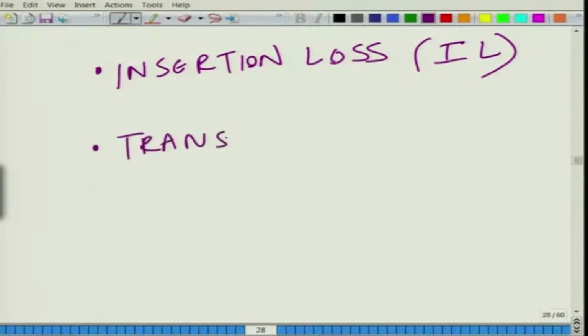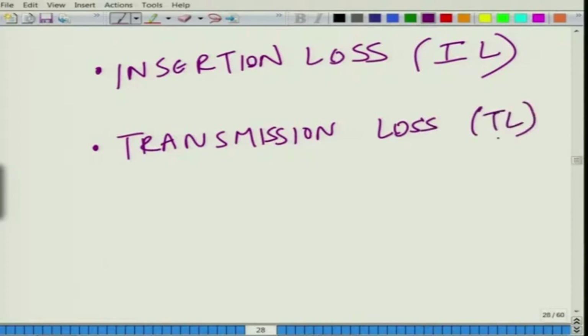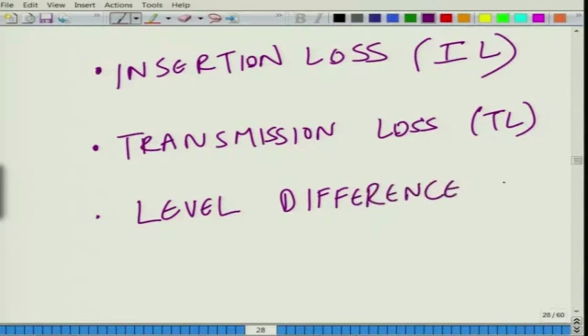Transmission loss, also expressed in decibel or dBA if you want to put the filtering in, and finally level difference, LD. Level difference is a relatively less used quantity compared to the above ones.